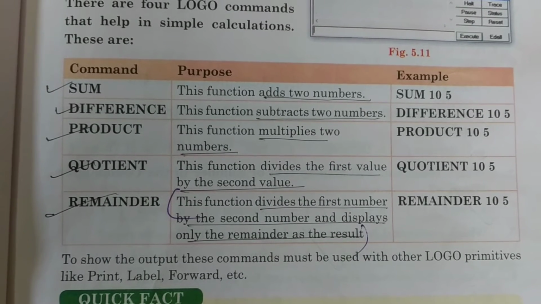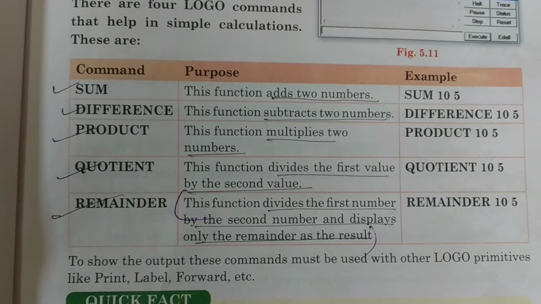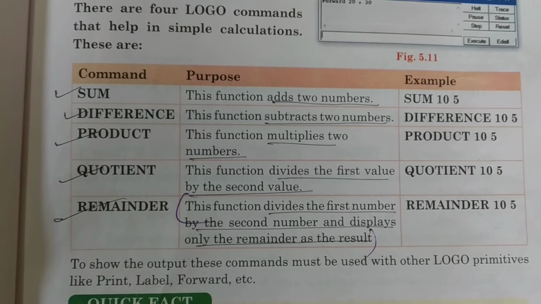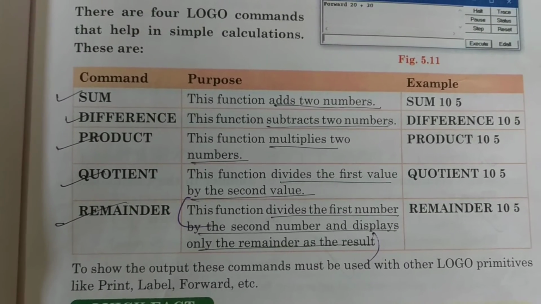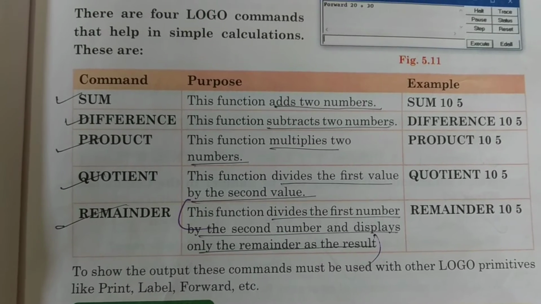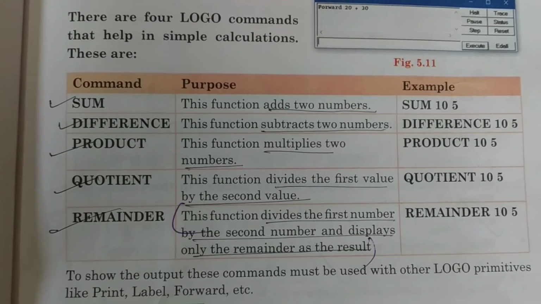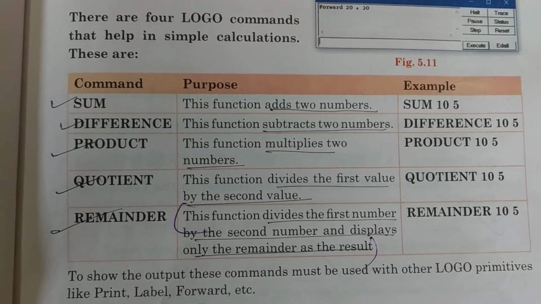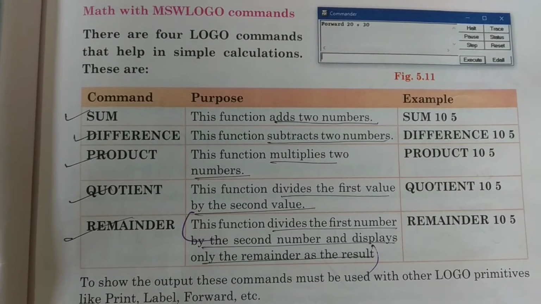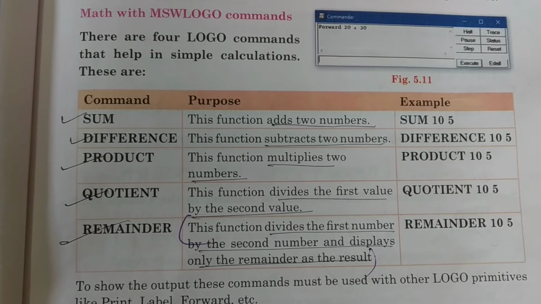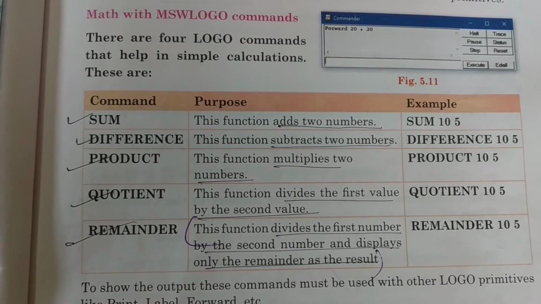Sum 10 then space then 50. Sum space 10 space 5 or 50 or 500, whatever you like, you can type anything. This is just an example which is shown in the example column. You can write anything and then press enter key or execute button and then get to see the desired result or output of the simple calculations.